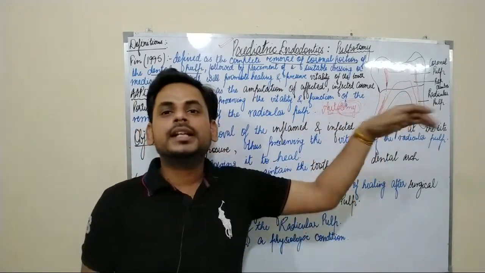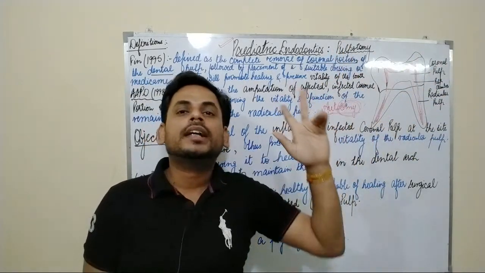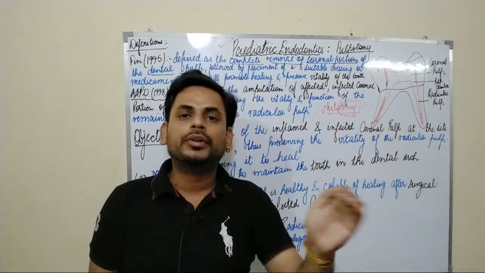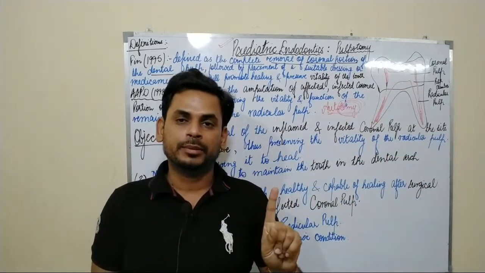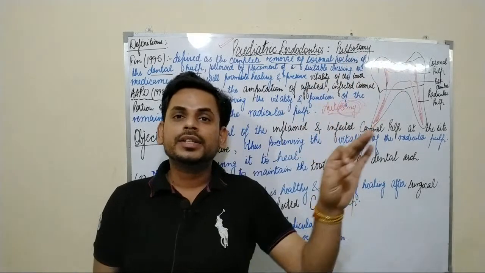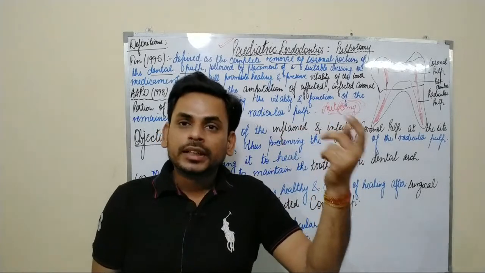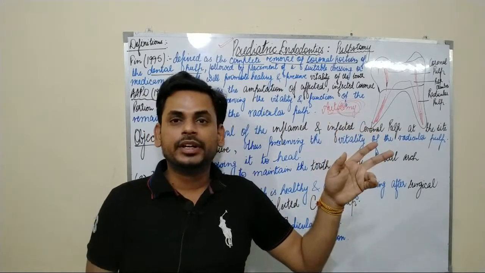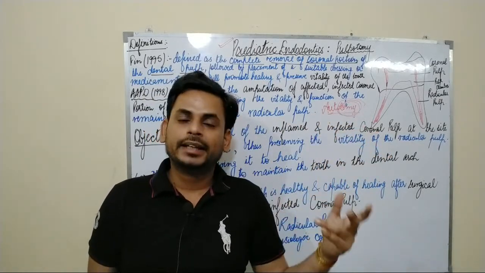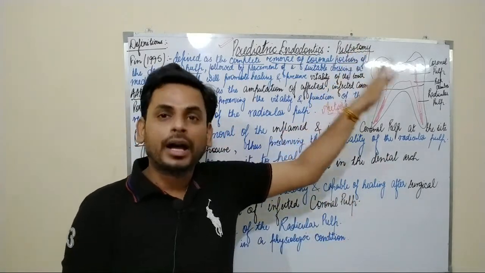Similarly, pulpotomy means the excision or cutting of a particular portion, but not the complete removal. Wherever the word otomy is added, it refers to partial removal of a particular thing. And the term ectomy, which I'll discuss in successive videos, means complete removal. Ectomy means complete removal, otomy means partial removal.